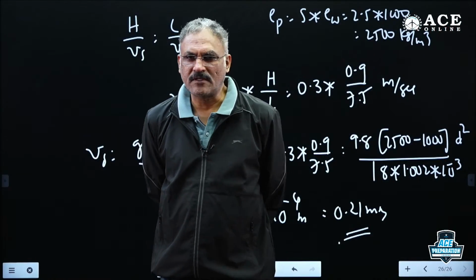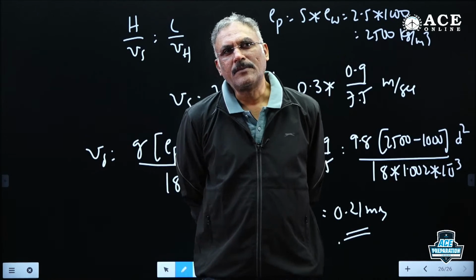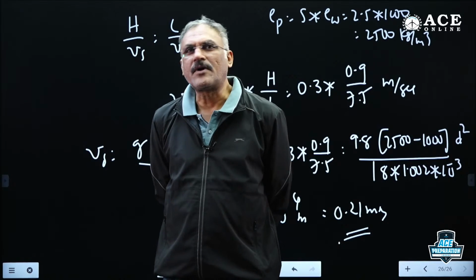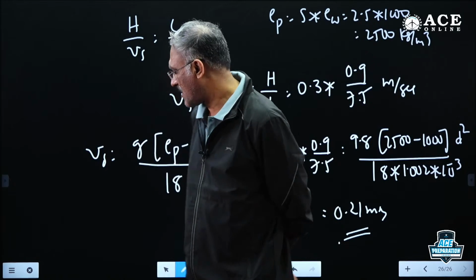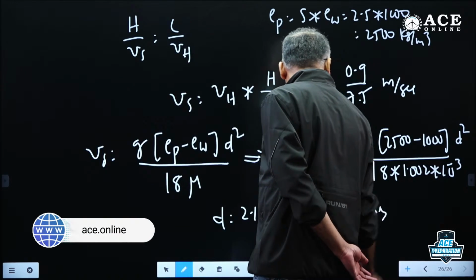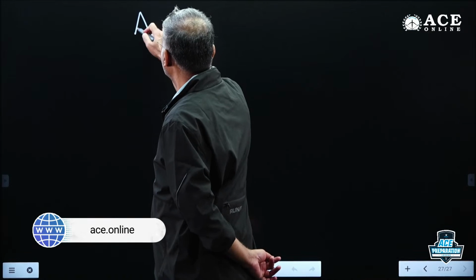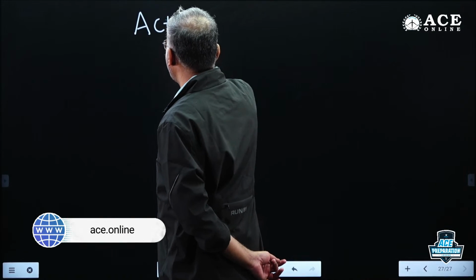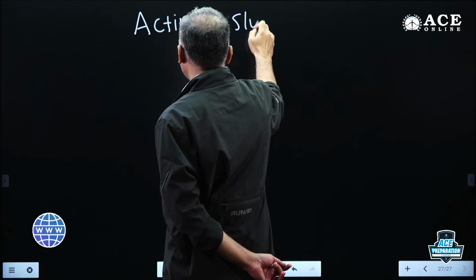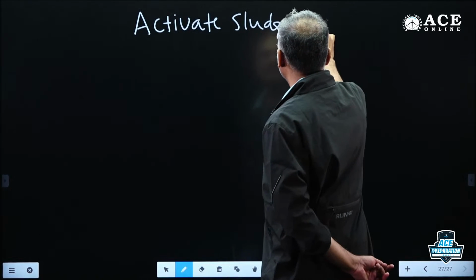Yeah, shall we move ahead with the next topic, biological treatment? In that, a very, very important topic is the activated sludge process, okay? Next, you need to focus more on the activated sludge process. It is completely formula driven.